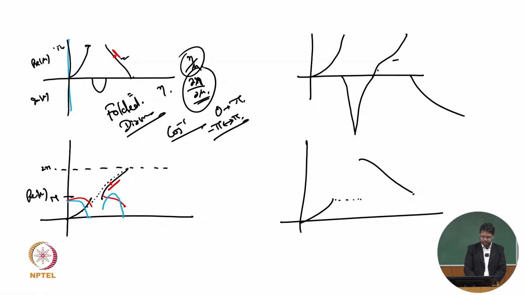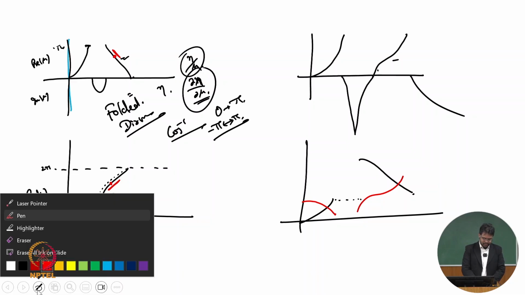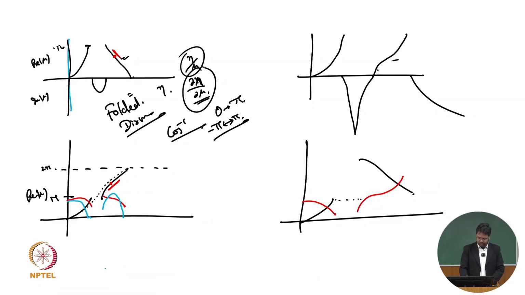Is there any problem? Phase velocity will increase, decrease, and it also has some value like that. Okay, phase velocity is coming like that. What about group velocity? Zero. Makes sense.